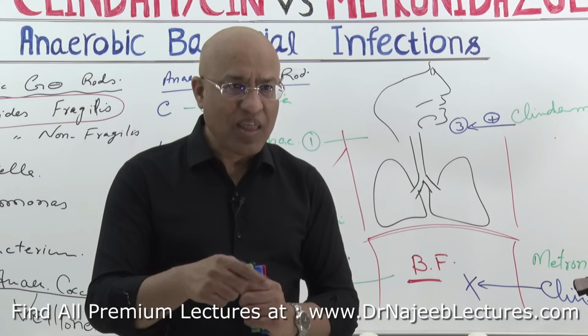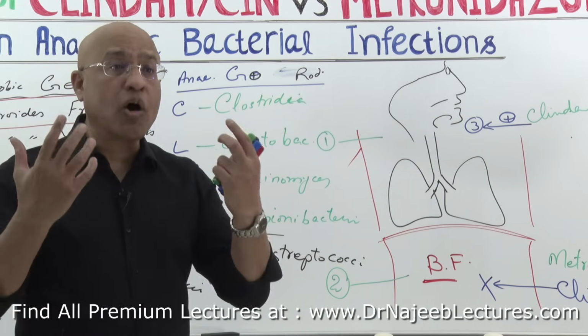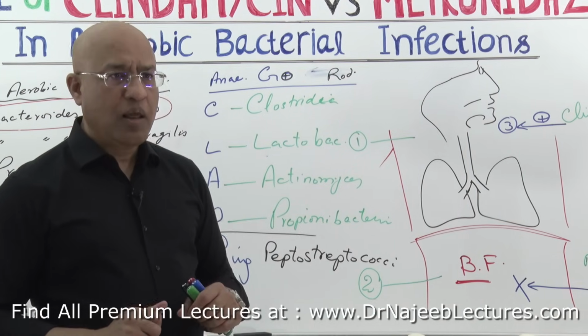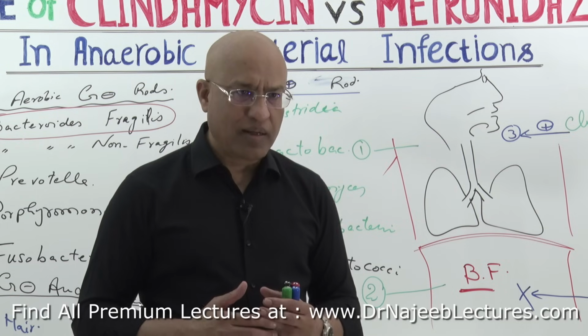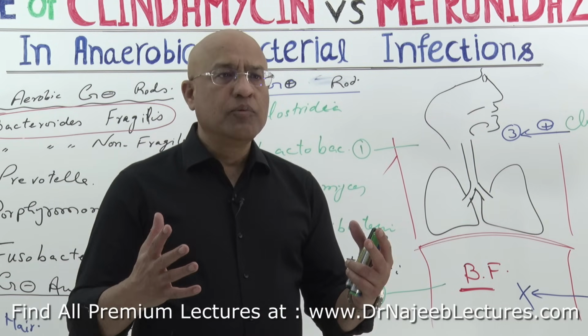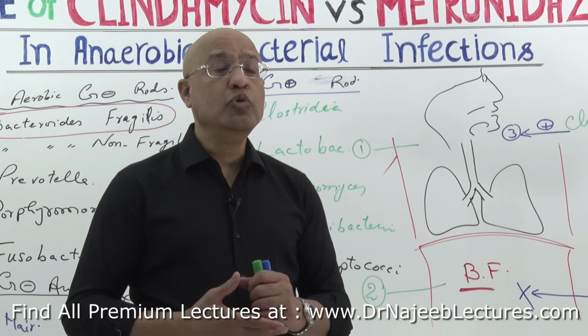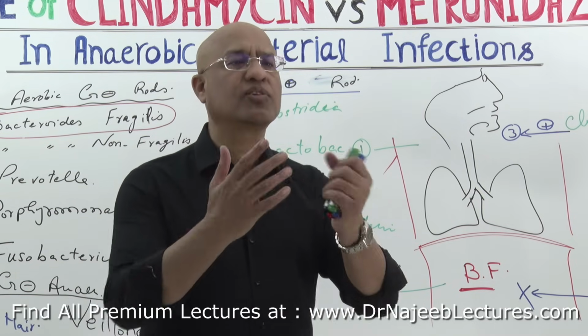Most of these anaerobic organisms are part of our normal microbiota. Microbiota are the microorganisms including anaerobic bacteria and other bacteria, right, which are present normally on our mucocutaneous surfaces.